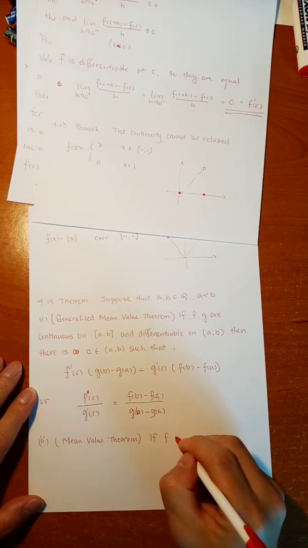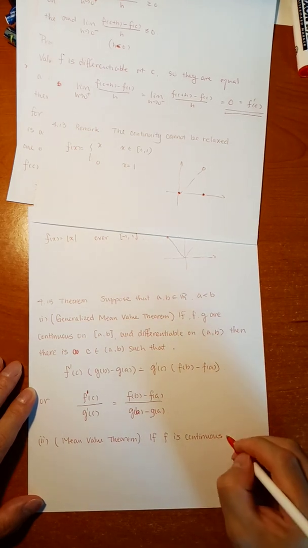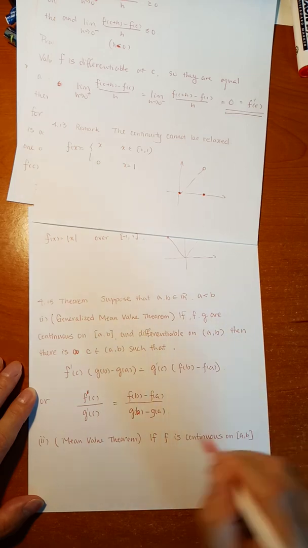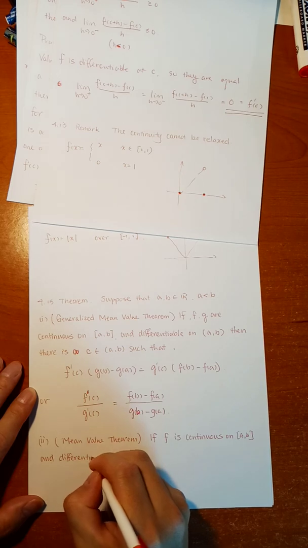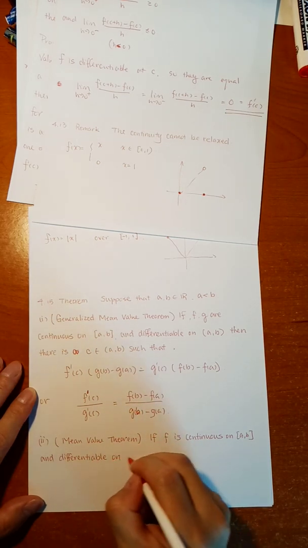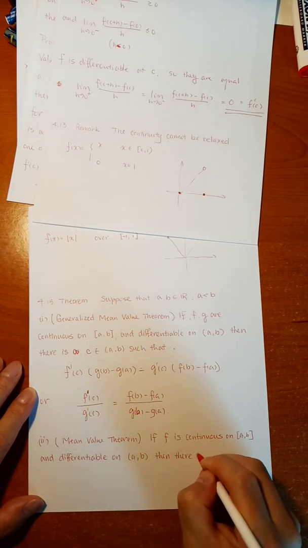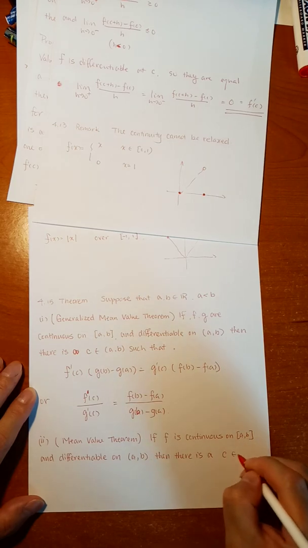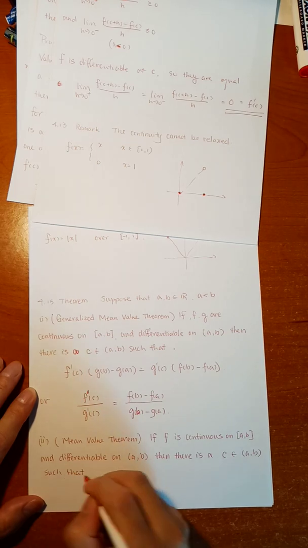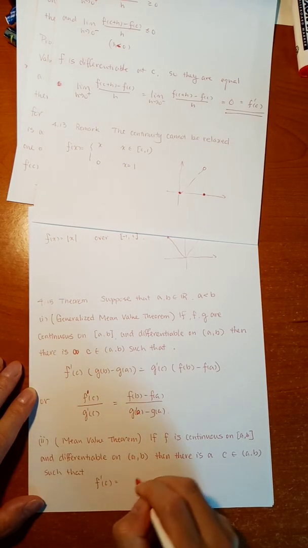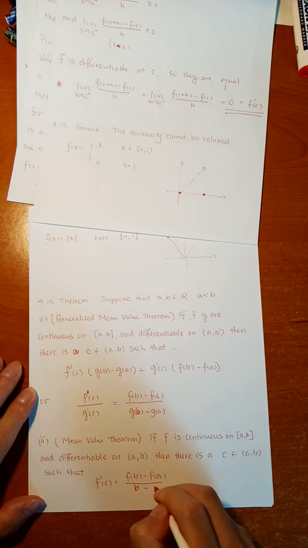So if f is continuous on [a, b] and differentiable on the open interval (a, b), then there is a c in (a, b) such that f prime of c is (f(b) minus f(a)) over (b minus a).